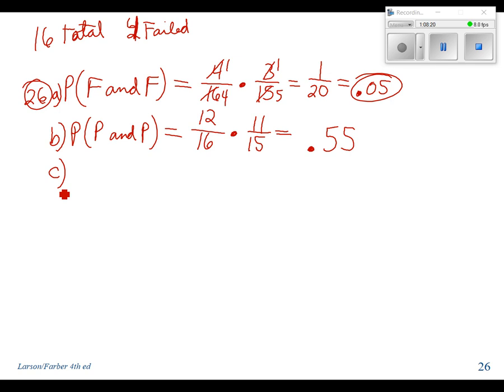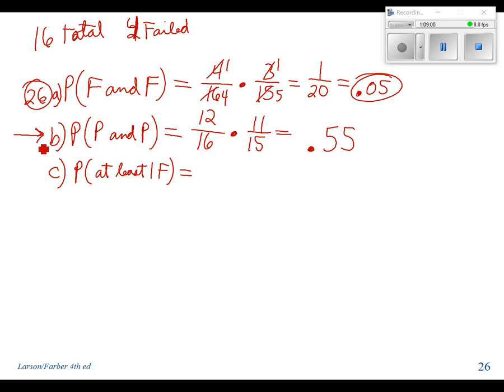Part C: find the probability that at least one of the batteries fails the test. How could we do that? If at least one fails, that means 1 could fail or 2 could fail. Actually, what we want to use is the probability that both passed, 55%.